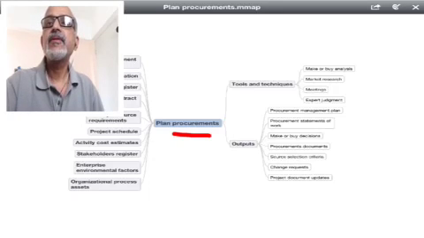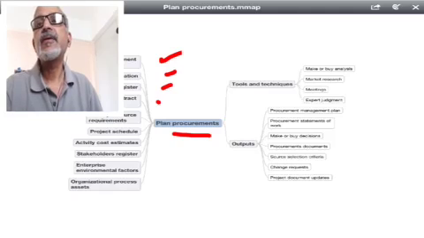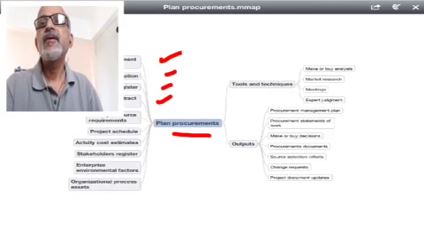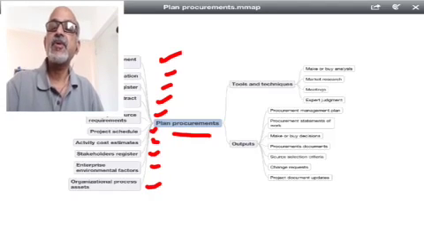If you look at the input side, whatever we discussed so far is coming as an input, like the project management plan, the requirements documentation, risk register, contracts, copies, activity resource requirements, the schedule part, activity cost estimates, stakeholders register, enterprise environmental factors, and organizational process assets.